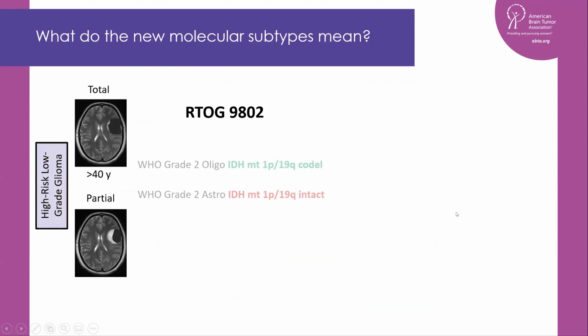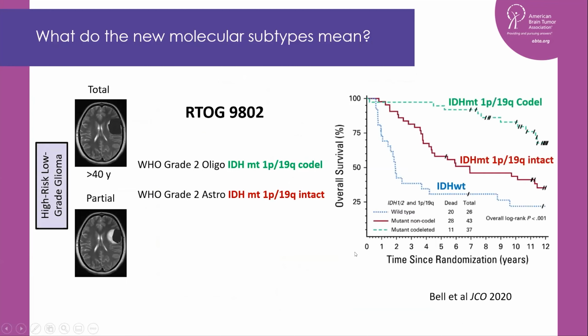So what does this molecular subtype tell us? As I mentioned, now we call this grade 2 oligos with mutation 1p19q co-deletion, or Astros by this name. And if you look at the outcomes, you can see how we are able to now tease out the differences. So with the IDH mutant 1p19q co-deleted, survival curves are far better than the ones for astrocytomas that are 1p19q intact.